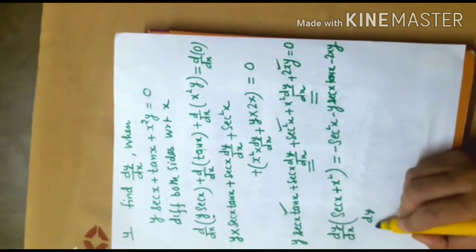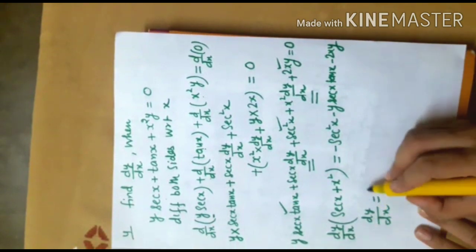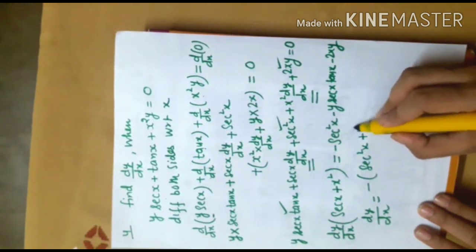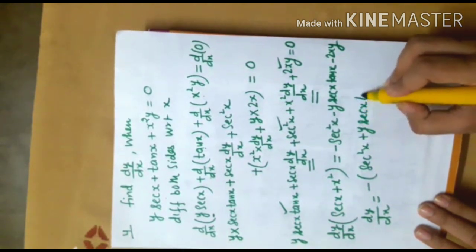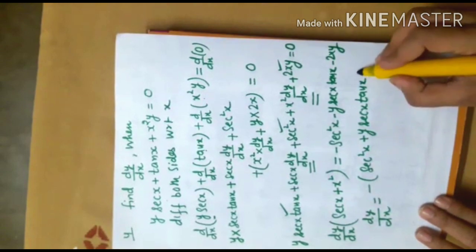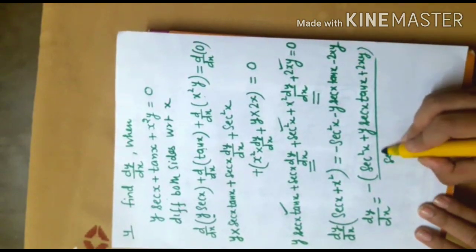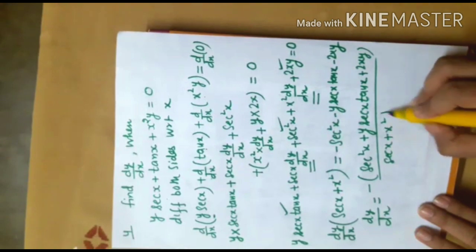So from here dy by dx is equal to negative (secant square x plus y secant x tan x plus 2xy) over (secant x plus x square).